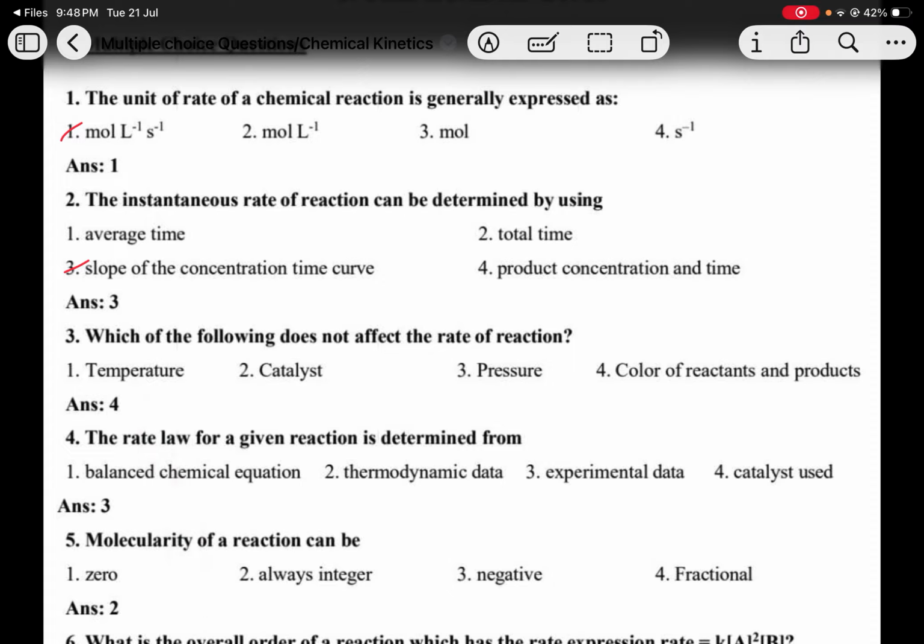For every 10 degrees centigrade, rate of reaction increases 2 to 3 times. Catalyst can increase the rate of reaction. Pressure also has an effect on rate of reaction. So fourth one, the color of the reactants and products cannot affect the rate of reaction. So answer 4 is the correct one.